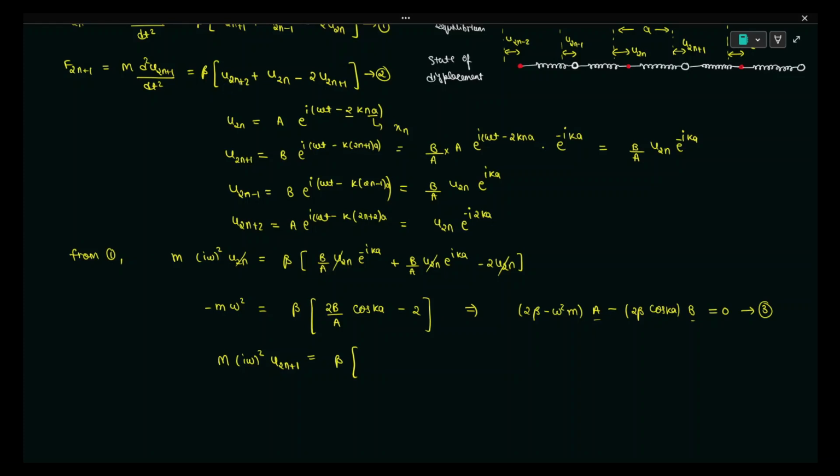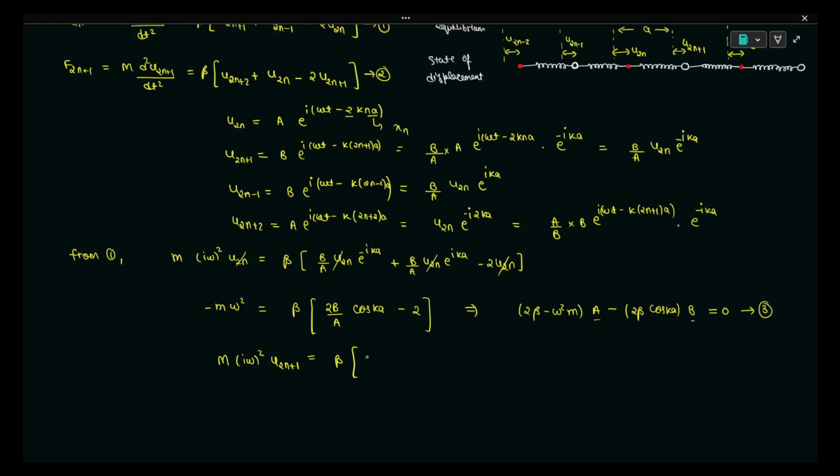I can write this u 2n plus 2 in terms of u 2n plus 1 as a divided by b, and then I can write b e raised to power iota omega t minus k 2n plus 1, then e raised to power there is one negative iota ka left, so that will be this.